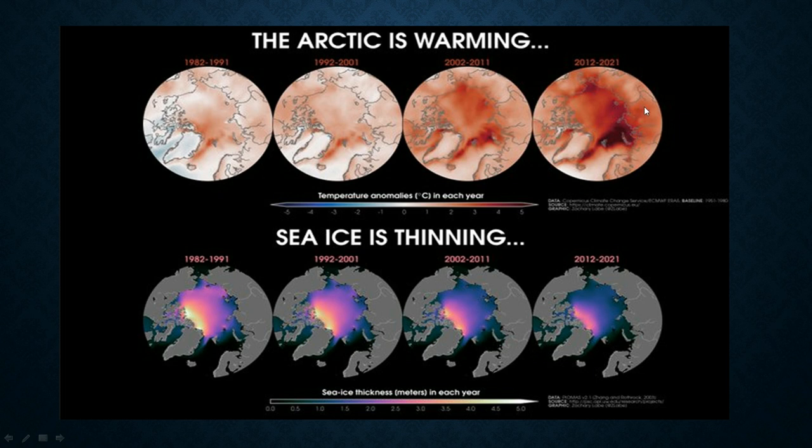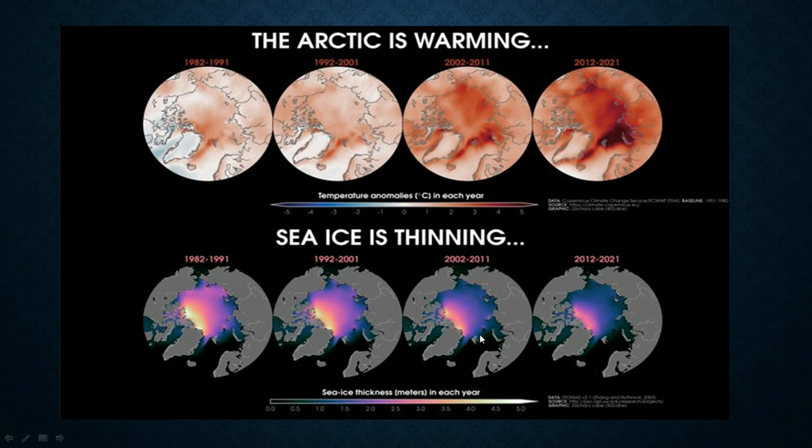But the whole Arctic is warming. Here's Alaska, by the way. Okay. So right there in the Chukchi Sea is pretty warm. It's warming. And if you look at the scaling here, we're talking 4 to 5 C. That's significant.